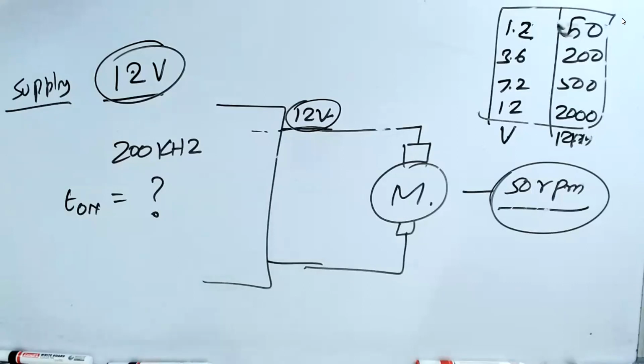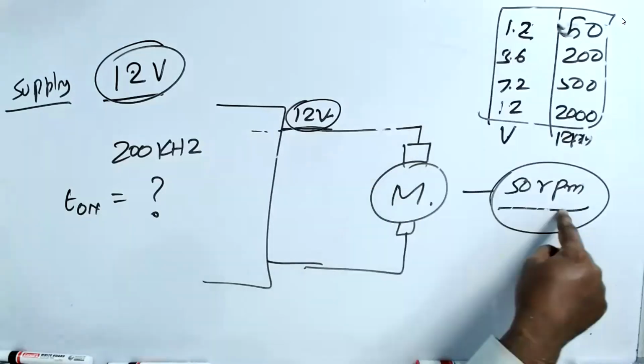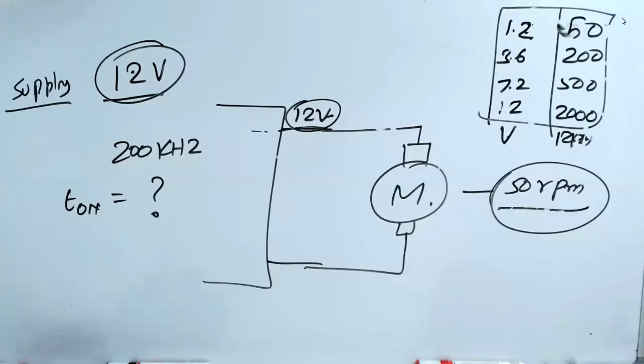What I have done is I did not give you the duty cycle. Now you have to calculate the duty cycle. How do you find a duty cycle? You see here, I've given 1.2 volts, 50 RPM. So 50 RPM means I should give 1.2 volts.